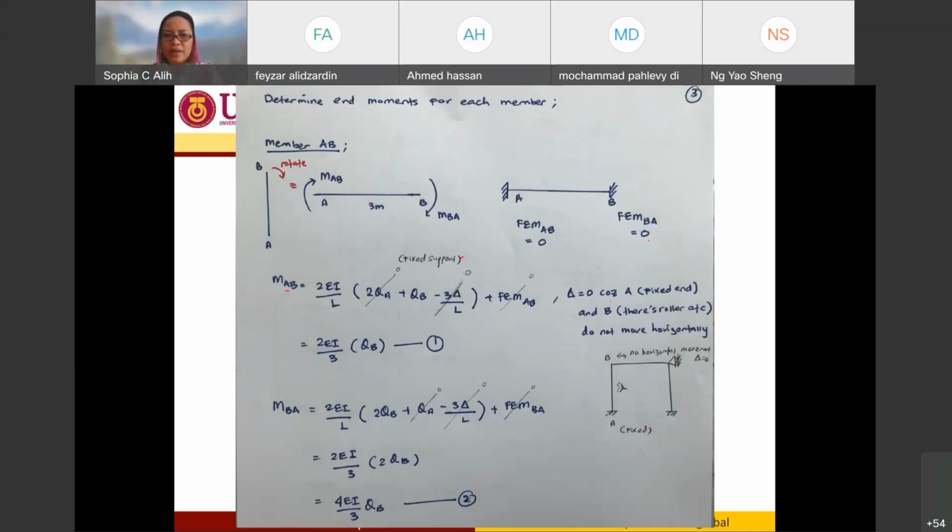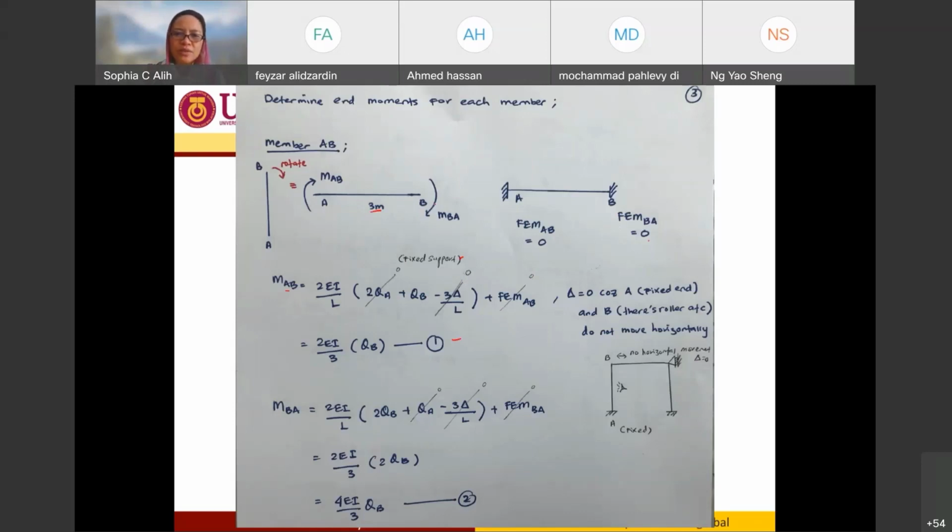So in other words, my delta is going to be 0, so I cancel it out here. FEM, since there is no external force, I can also cancel out to be 0. I solve this equation. L is going to be equal to 3, the length of AB, and I will have the first equation for my calculation.